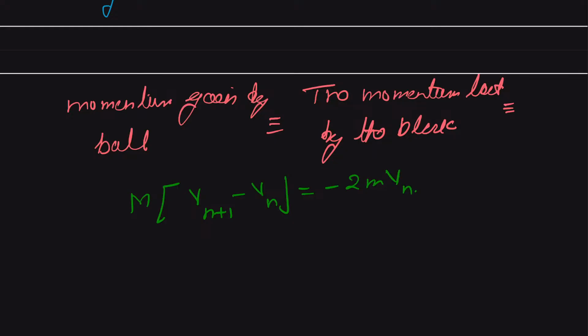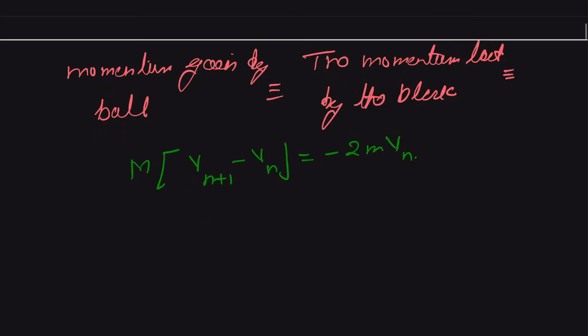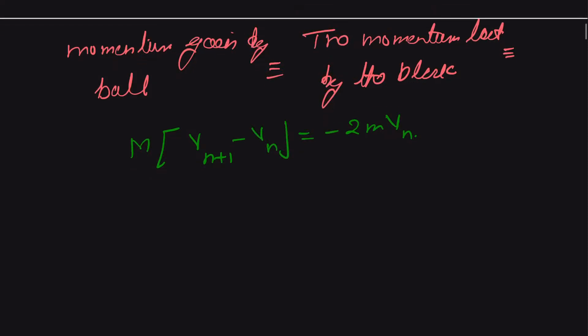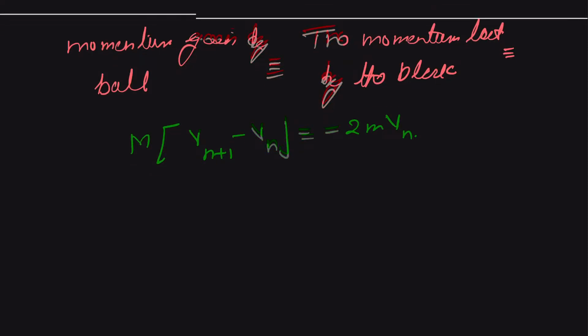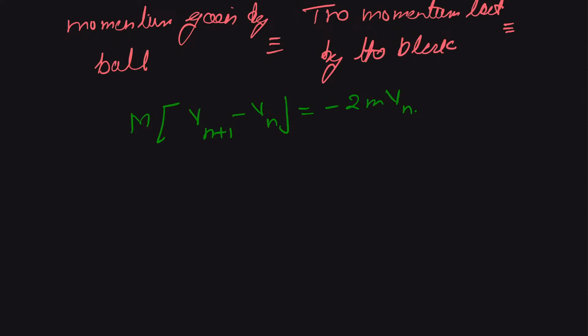Okay. So we can solve it for v of n plus 1, and we get that v of n plus 1 will be equal to v of n, which is common so we can take it outside, times 1 minus twice m upon capital M.